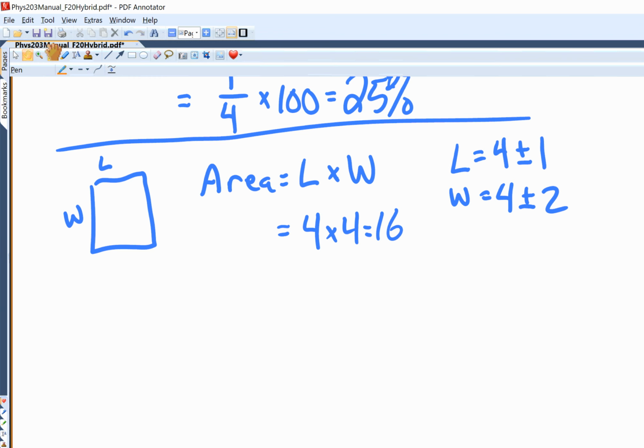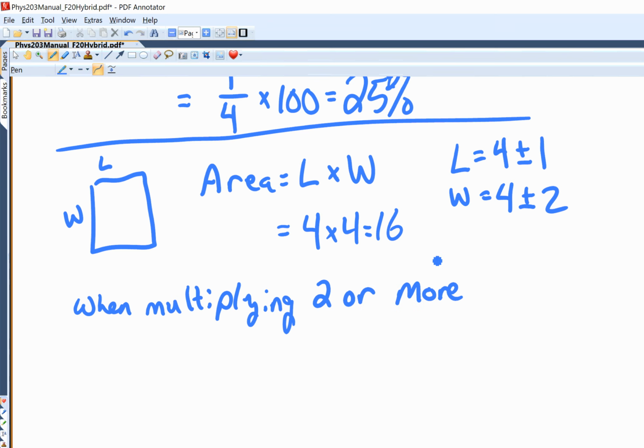Now, whenever we're calculating the uncertainty of a formula like this, when we're multiplying two or more numbers, the SPE is given by this.